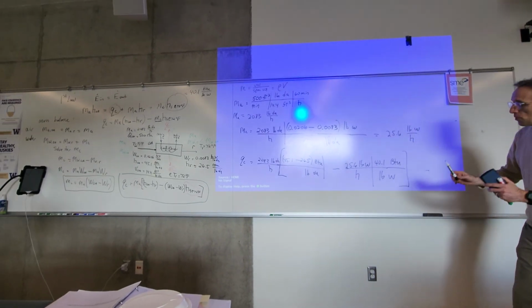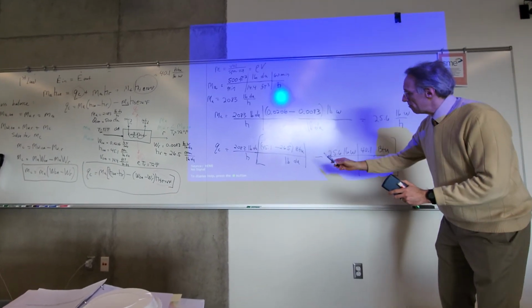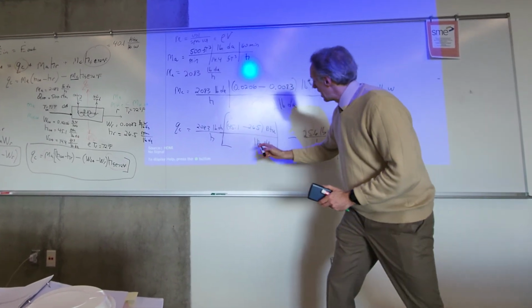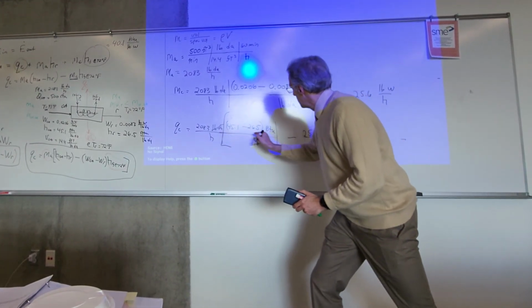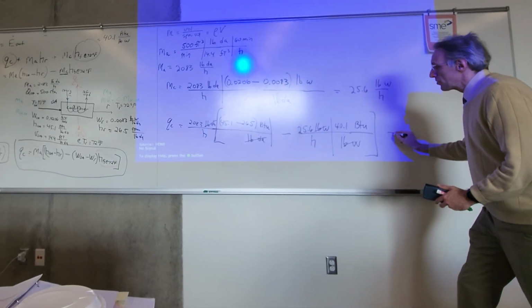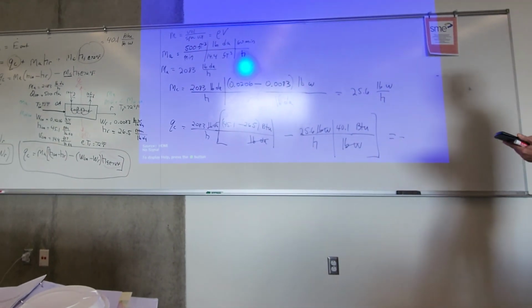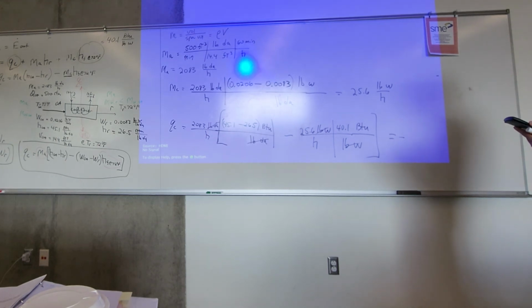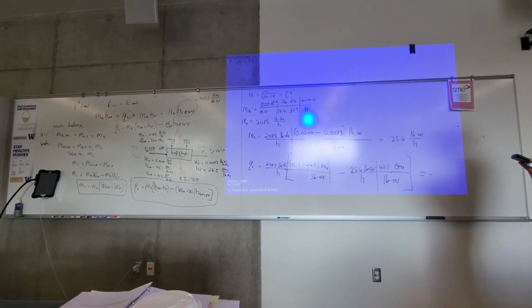So let's make sure we've got our units straight. We need to have BTU per hour minus BTU per hour. So pounds of dry air cancel, BTU per hour, pounds of water cancel, BTU per hour. So that looks good. And let's see what we have here. 45.1 minus 26.5, then minus 25.6 times 40.1, times 2083.